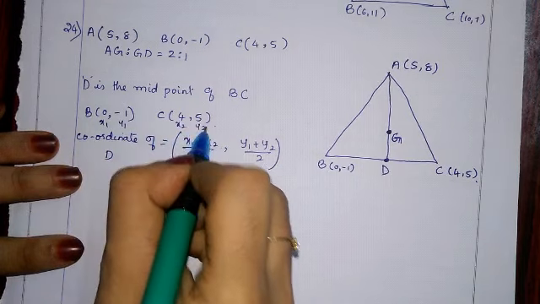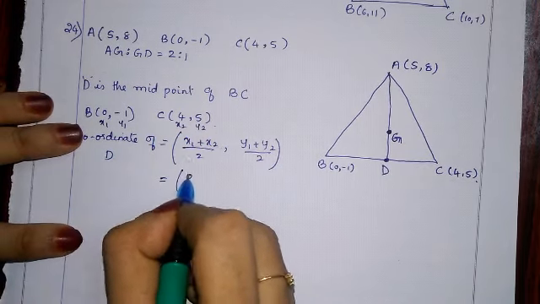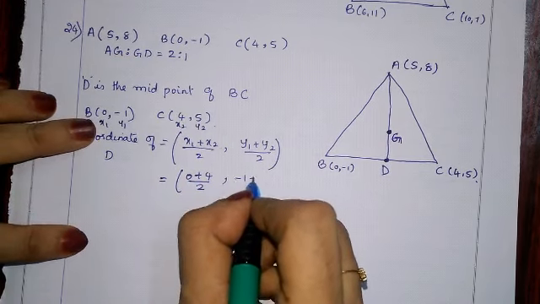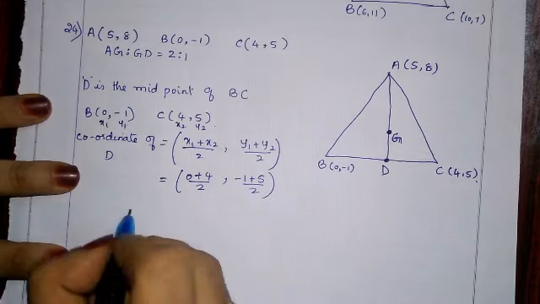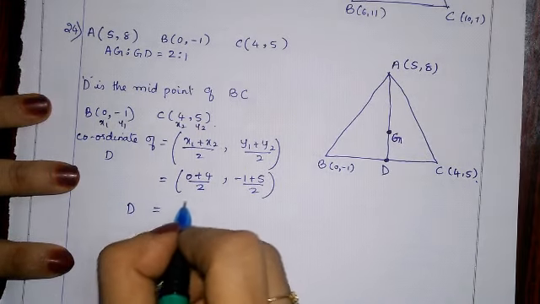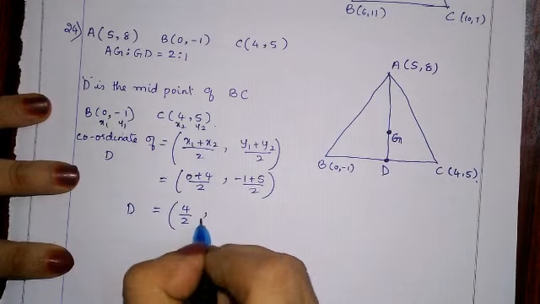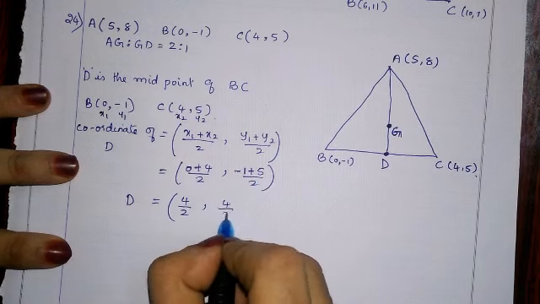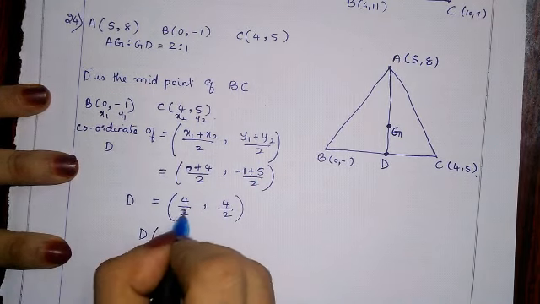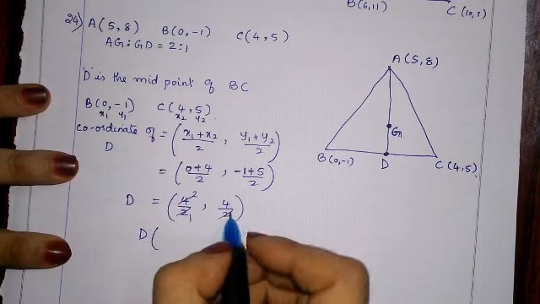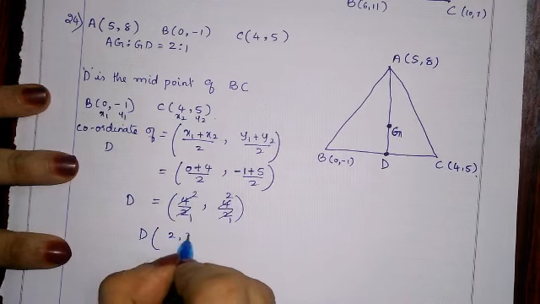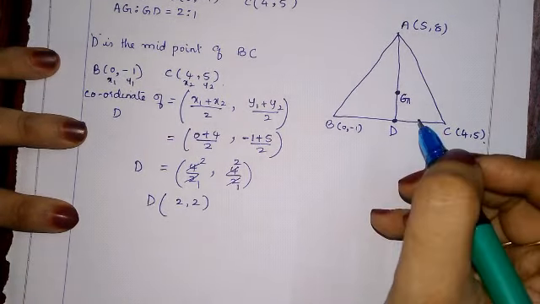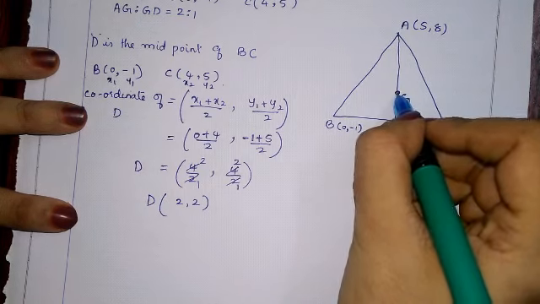We have solved many such problems. So x1 is 0 plus 4 by 2, comma, -1 plus 5 by 2. So the coordinates of D are 4 by 2, comma, 4 by 2. Two 2s are 4, so we got D as (2, 2).